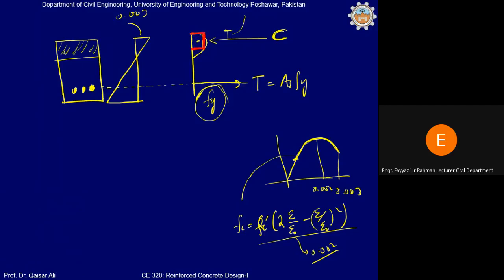So this stress block is also known as Whitney rectangular stress block, which says that in this stress block the stress variation will be uniform, stress will not vary, the average value will be equal to 0.85 fc prime, and the depth of this block will be represented by a, and of course it will be less than c, because c will be from this up to this point.